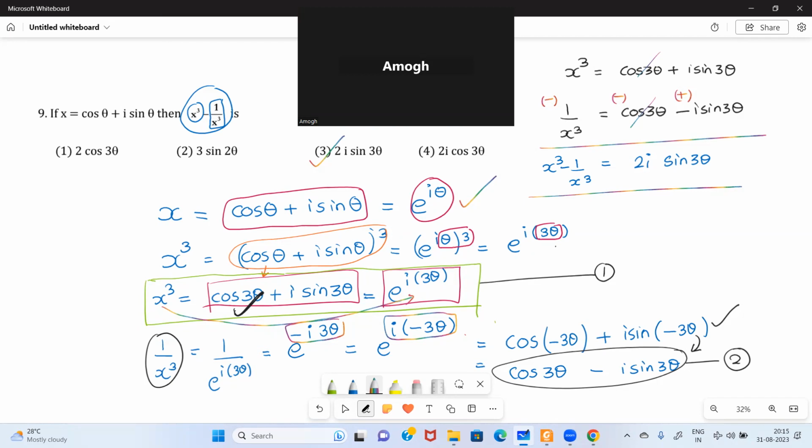Then 1 by x cube will be 1 by e to the power I 3 theta, which is e to the power minus I 3 theta, and we get cos of minus 3 theta plus I sin of minus 3 theta, which is equal to cos 3 theta minus I sin 3 theta.